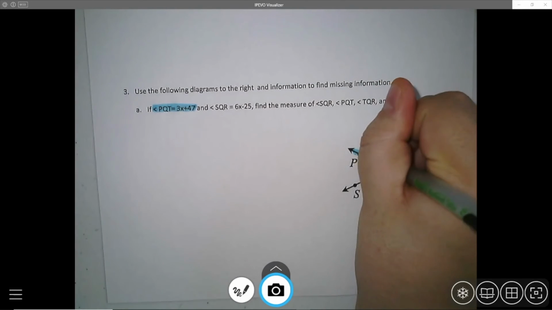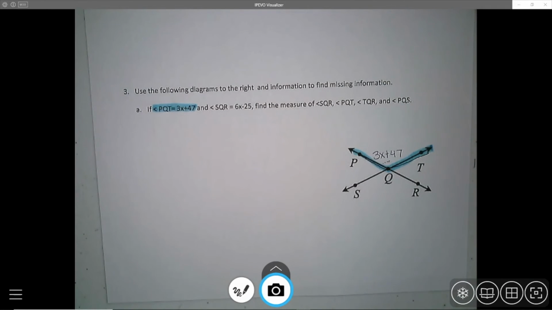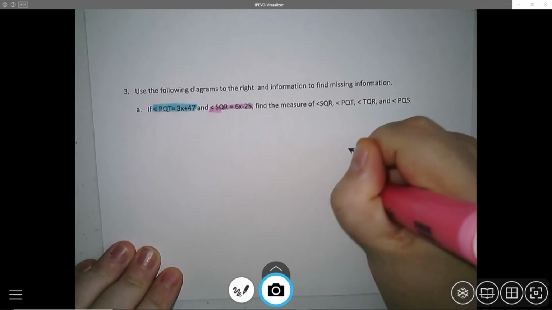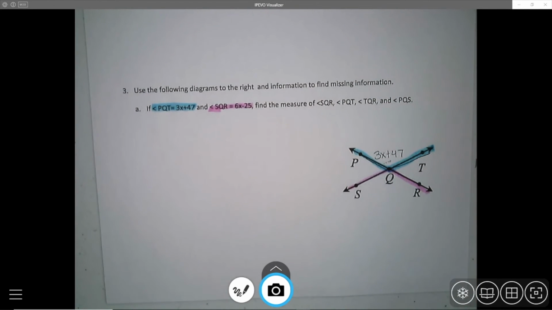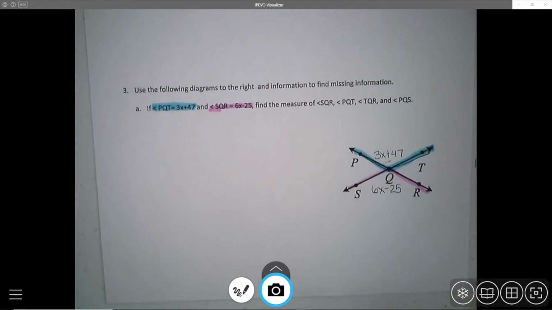They tell me it's 3x plus 47, so I put it in between. Okay, the other thing that I see right here is they tell me SQR, and in between that, that's where I can put 6x minus 25.